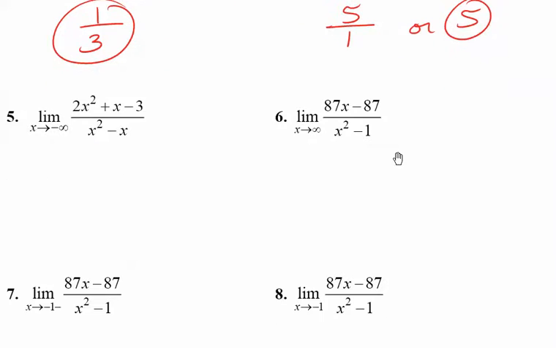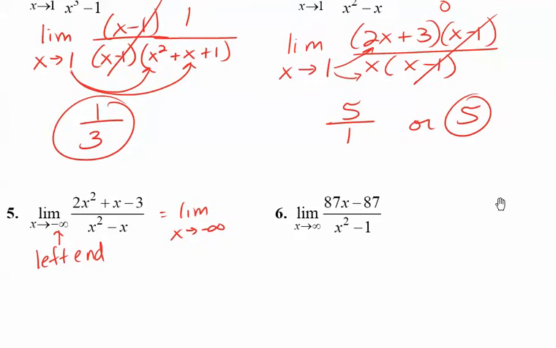In number 5, same problem, but now we're asked to find the horizontal asymptote at the left side of the graph. So this is a left end behavior. Is there a horizontal asymptote? So let's remember that when we did our factoring a minute ago, same problem up above. Let me scroll back.